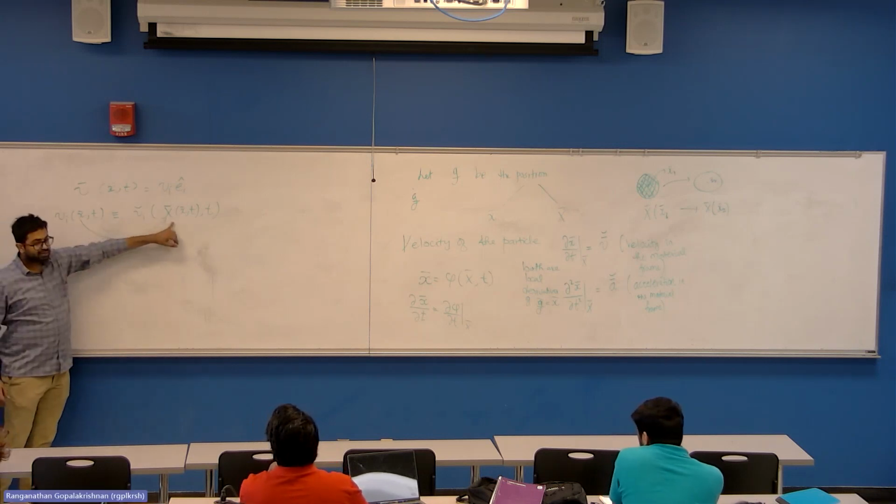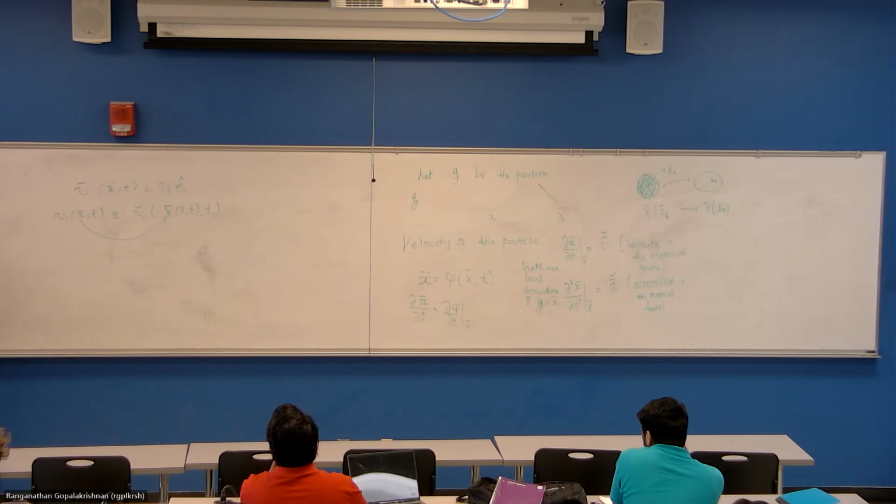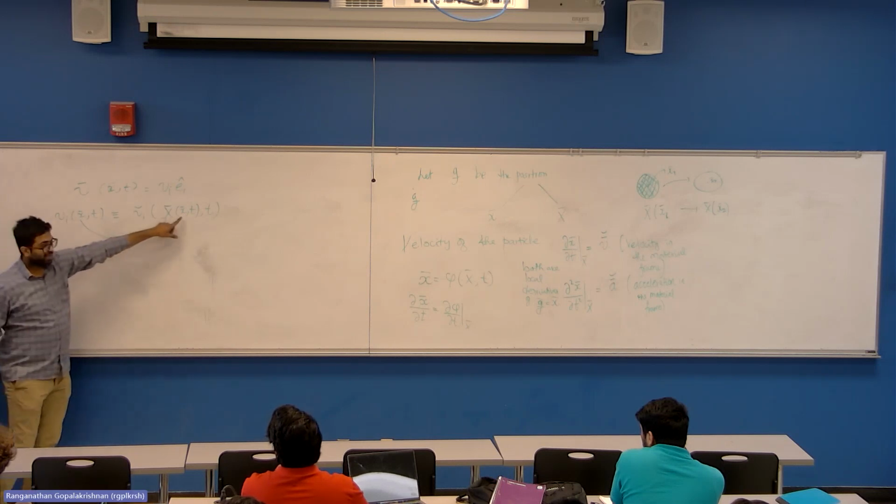What is uppercase X? Material coordinate. It basically is the coordinate of the particle. And what is a particle? It is a collection of atoms, and each atom at any given time has a position, which is this x.